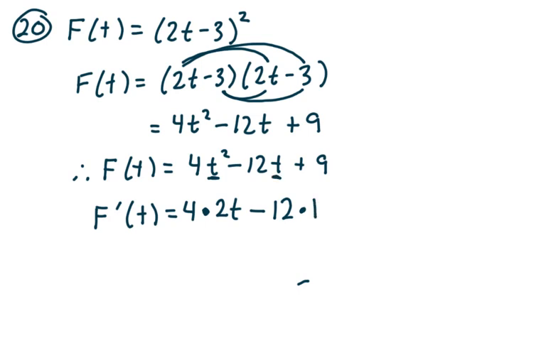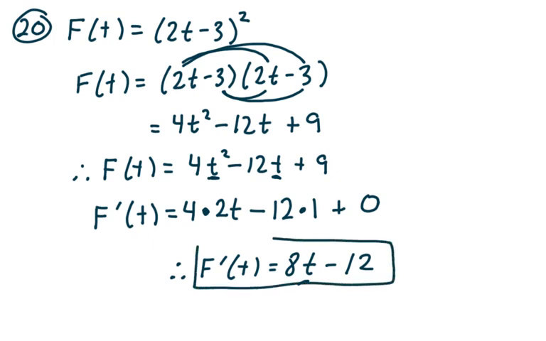Because remember that the exponent is 1. And 9 is constant, and the derivative of any constant is 0. And so, therefore, f prime of t is 8t minus 12. And that right there is problem 20.